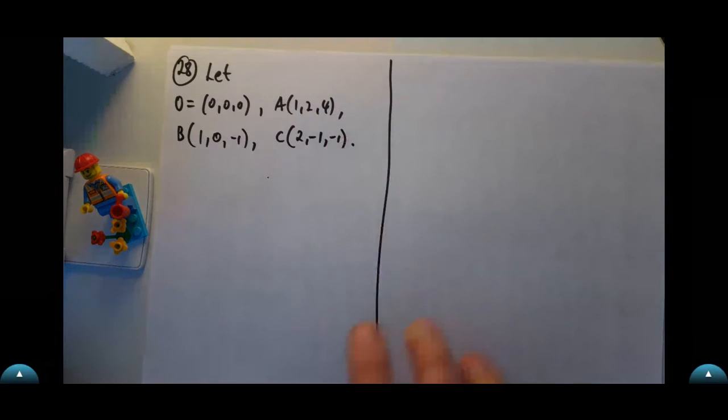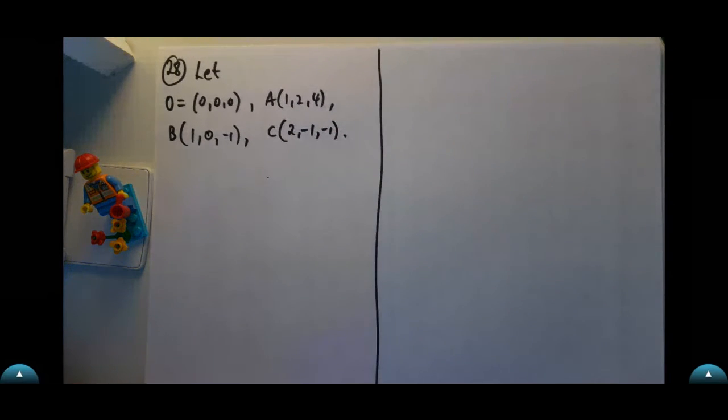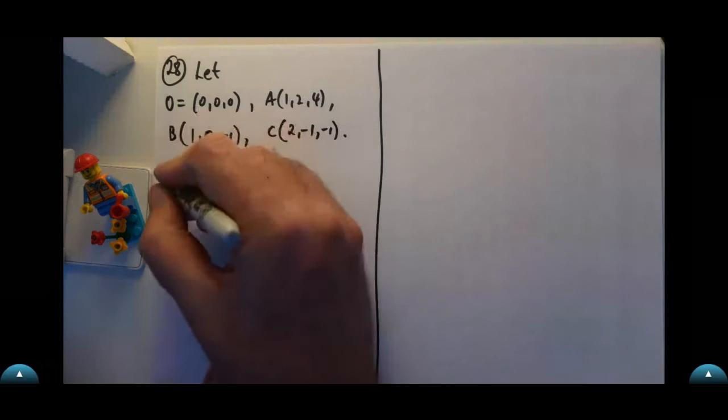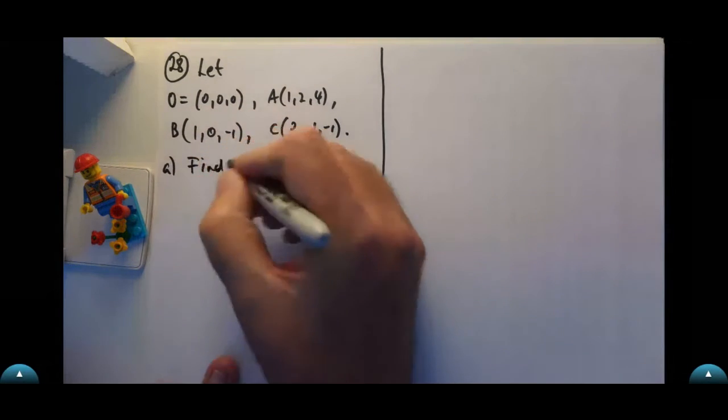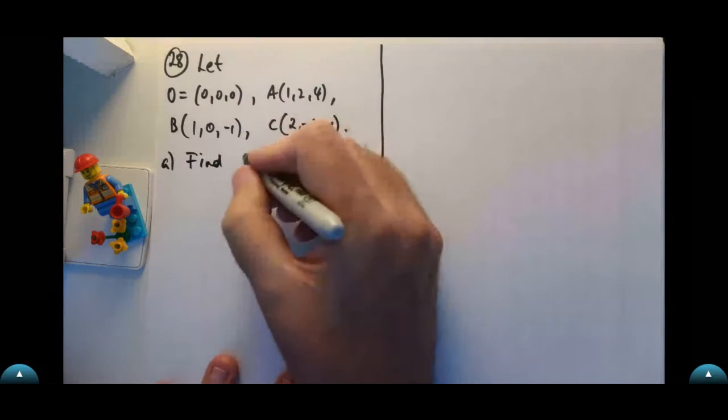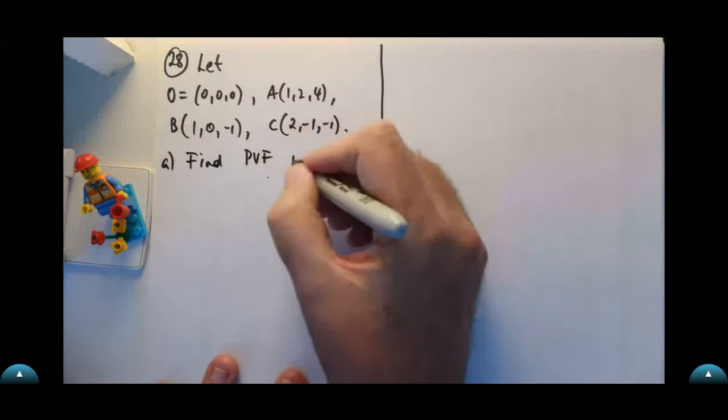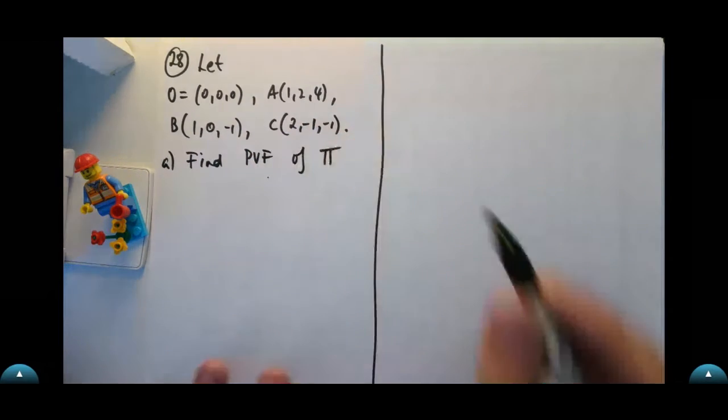All right, so given those 4 points, they're asking us to find the parametric vector form of the plane.